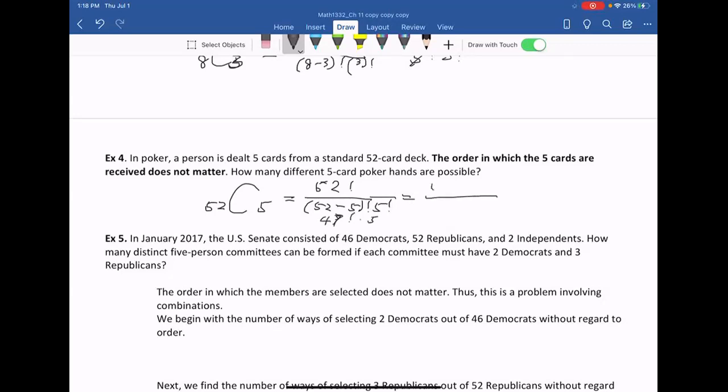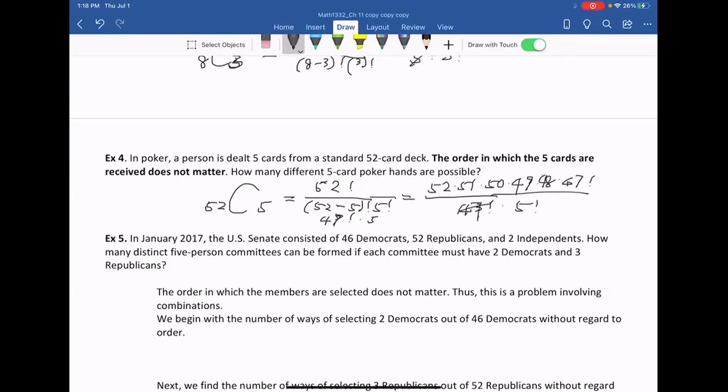Okay, 52 times 51 times 50 times 49 times 48 times 47 factorial over 47 factorial times 5 factorial.